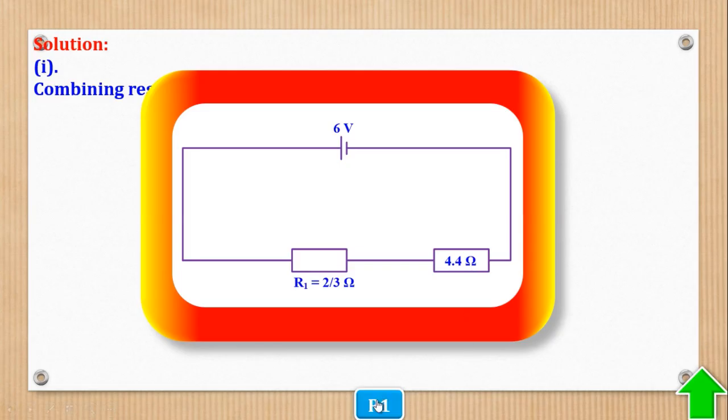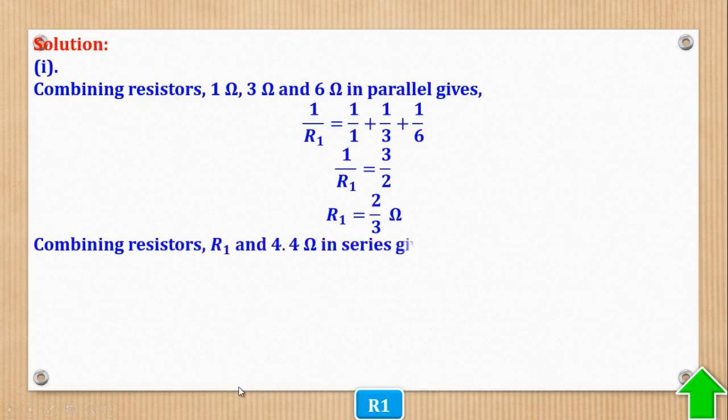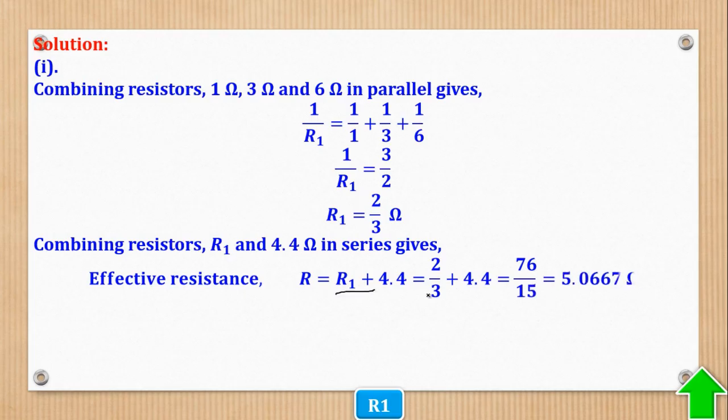Therefore, we'll get the total resistance by combining those two resistors in series, so I have to sum them up. But in physics, we don't allow final answers in fractions, so we have to get it in decimal. Here, it was allowed to leave it in fraction because this is not what they asked. The question asked for effective resistance.